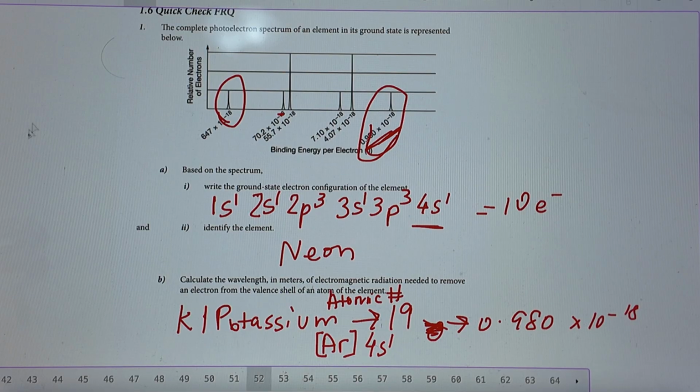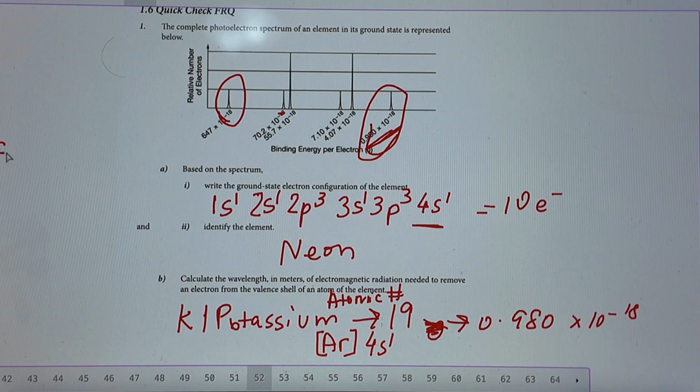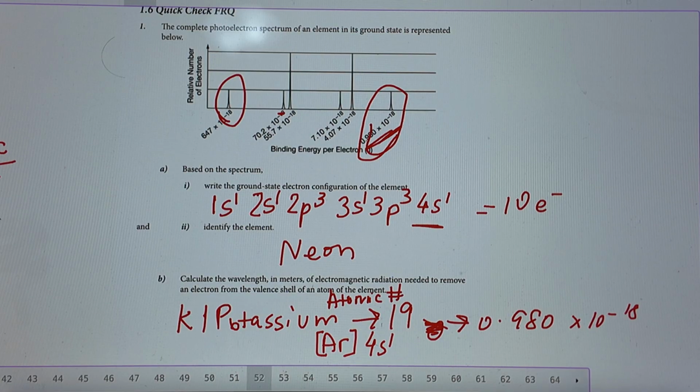So what we would do is calculate the wavelength, which is equal to hc divided by E. To calculate the wavelength, we would have our constant for h, which is 6.626 times 10 to the negative 34.